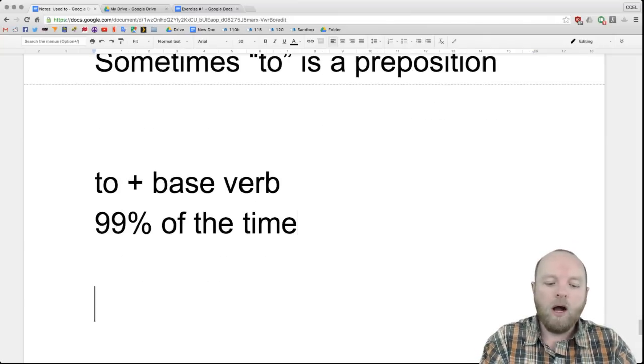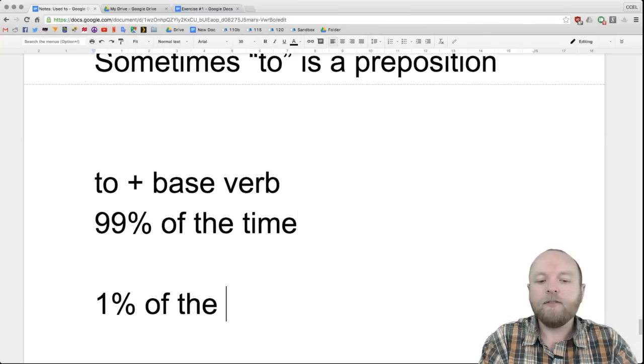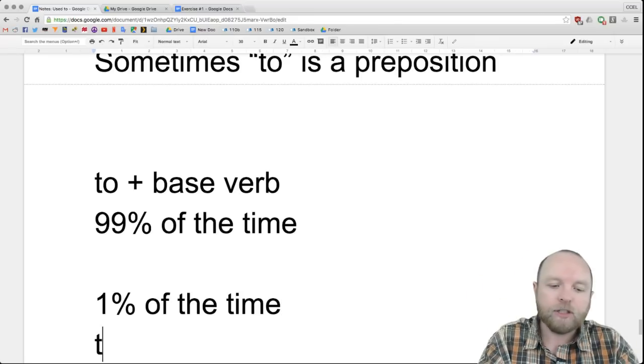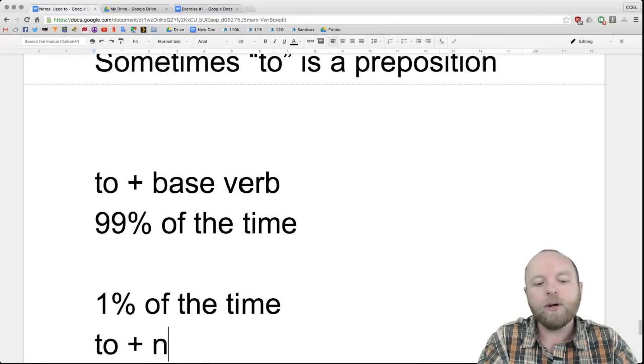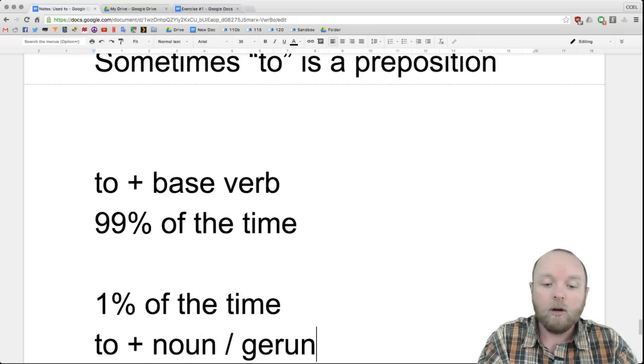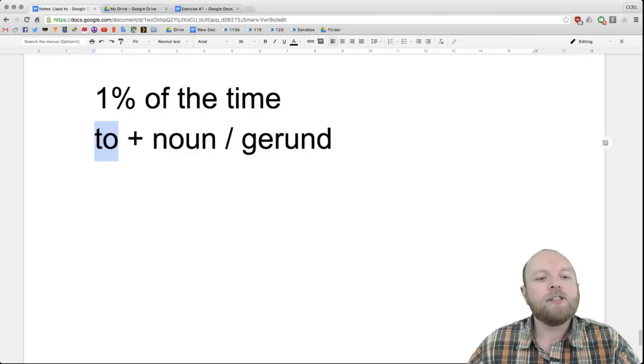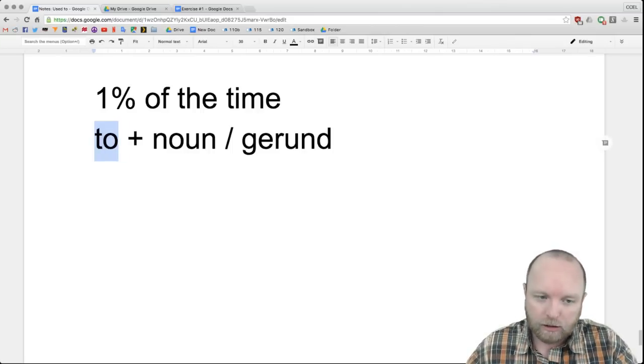Okay, but 1% of the time, we don't have to plus a base verb, we have to plus a noun or a gerund. Okay, why? Because this to is a preposition.